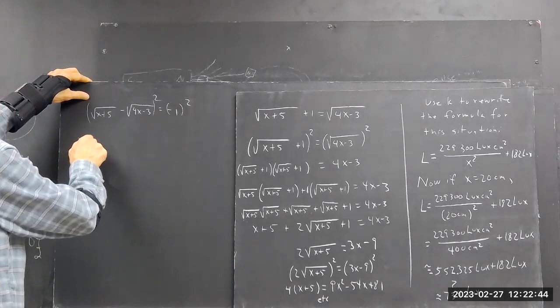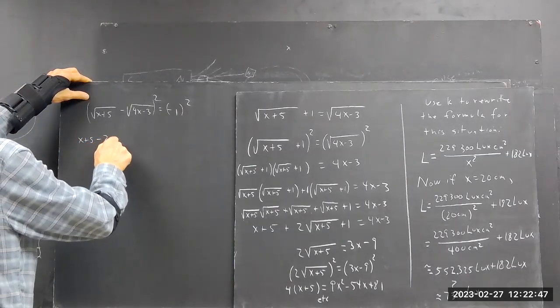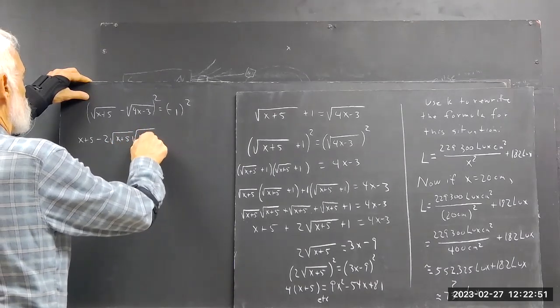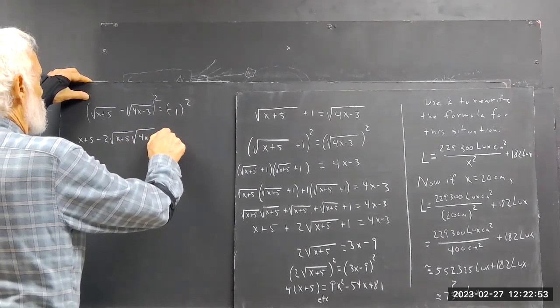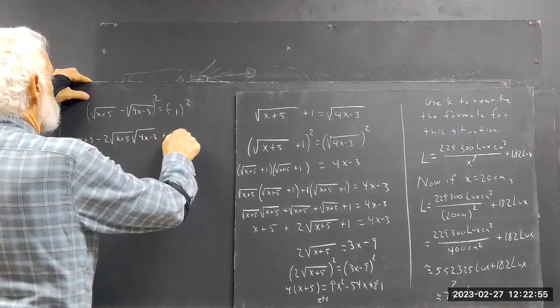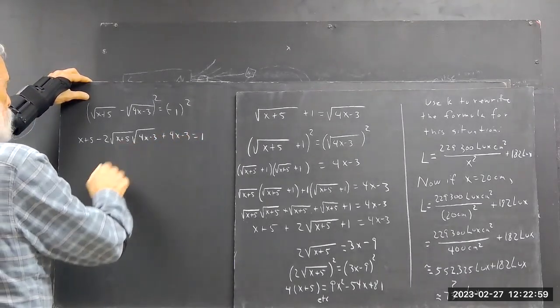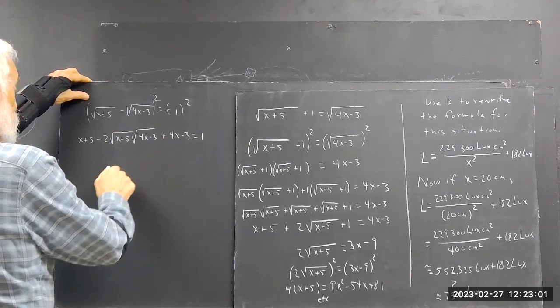Then you're going to get x plus 5 minus 2 square root of x plus 5 square root of 4x minus 3 plus 4x minus 3 equals 1. And then you can just put these radicals on one side.